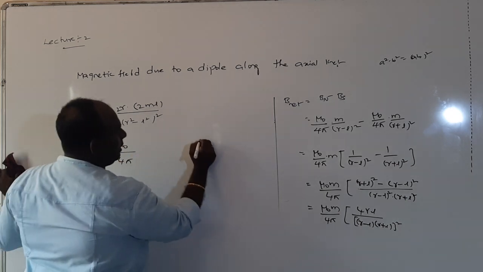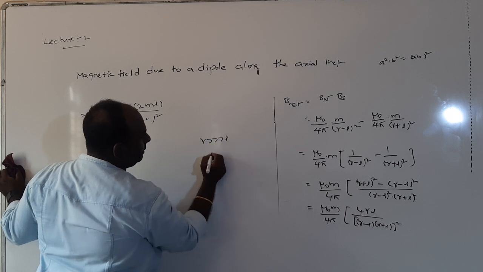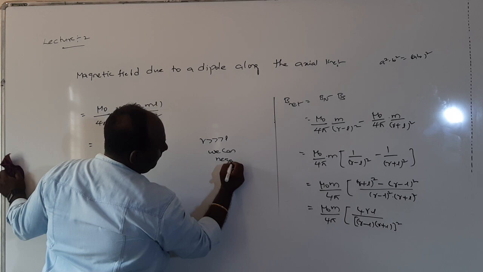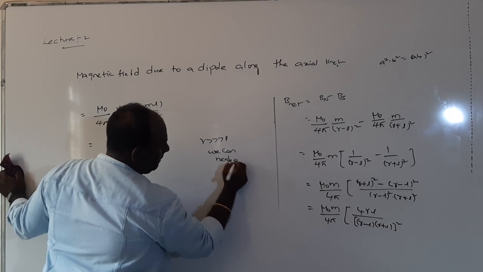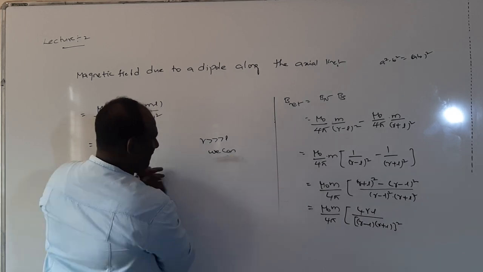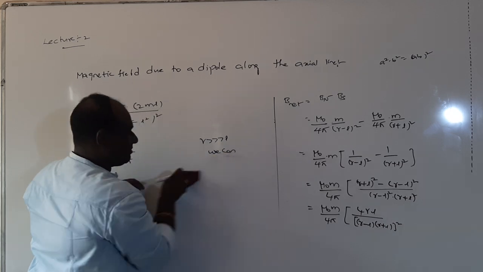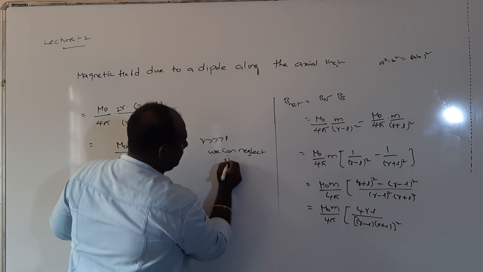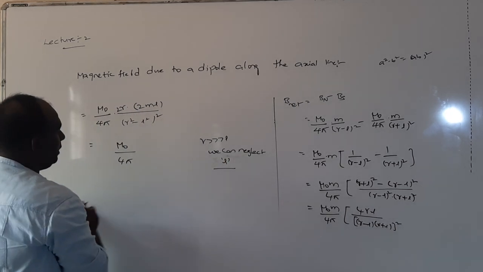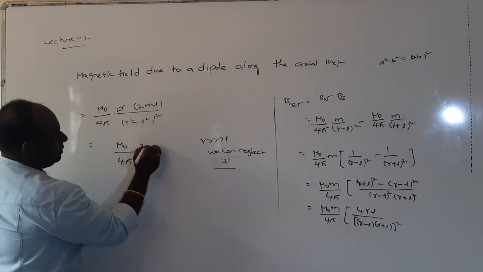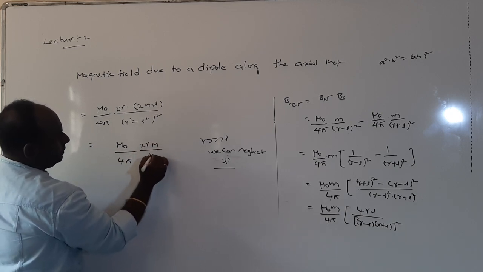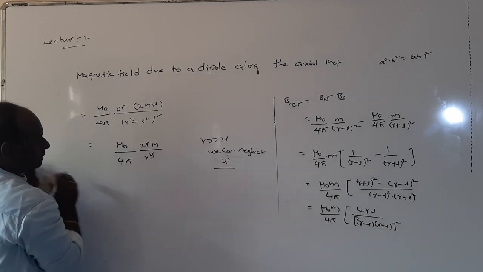If r is far greater than L, we can neglect L. Then what you will get? Mu naught by 4 pi into 2rm by r power 4.